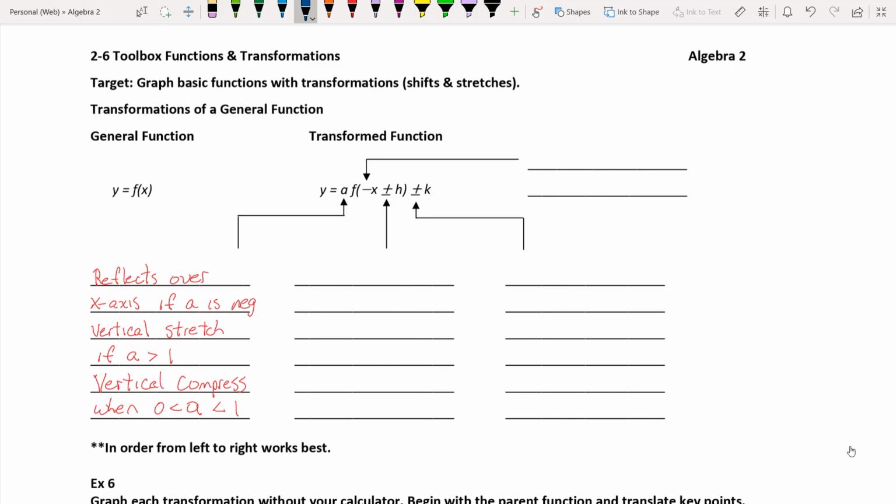The plus minus h in the middle there, that was our horizontal shift.